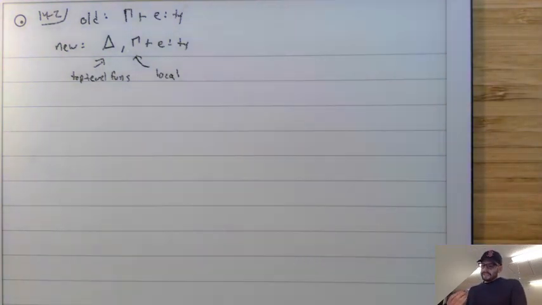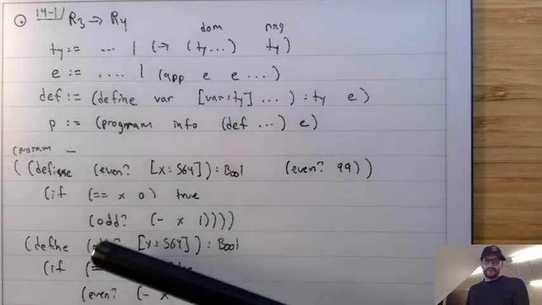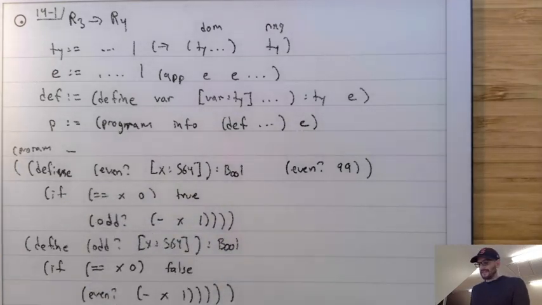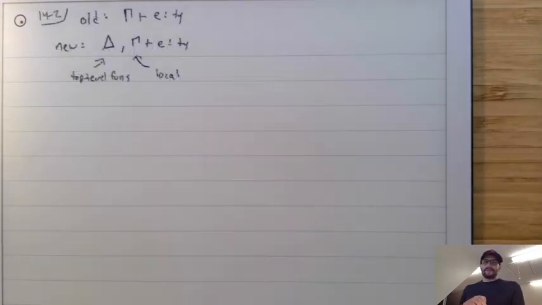The idea is that the top level functions can be recursive with themselves and with other ones, and so we need to treat them specially.